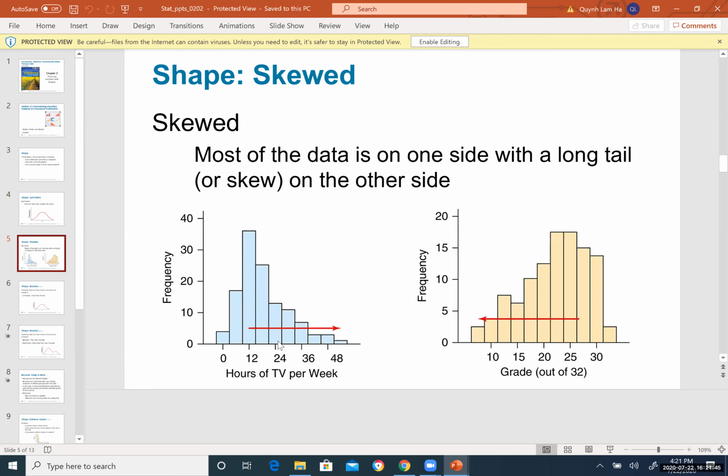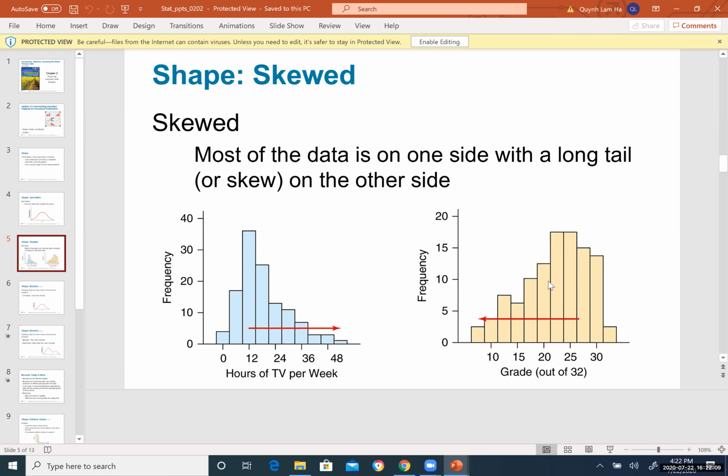And this one looks skewed. When you trace along the graph, you will see the right side is more skewed. The data is less and less, and it spreads out a bit longer. So we call this skewed to the right, because it extends more to the right.